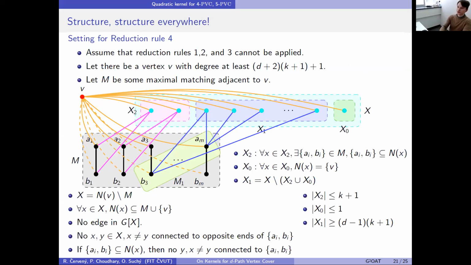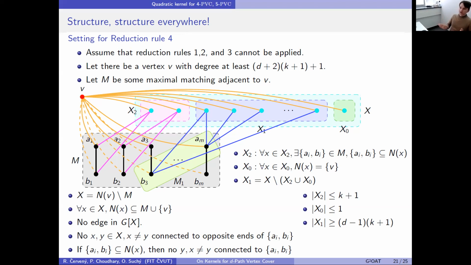Okay, now it gets a little bit more complicated, but still, it's a nice picture, right? So we need to somehow get more structure for the final reduction rule, and we will assume that the reduction rules 1, 2, and 3 cannot be applied.